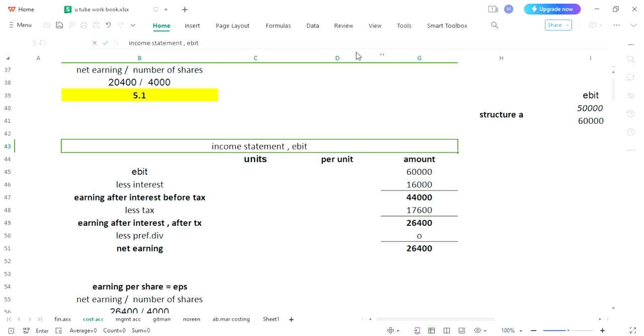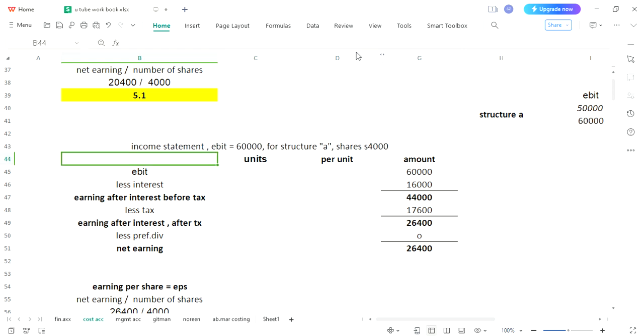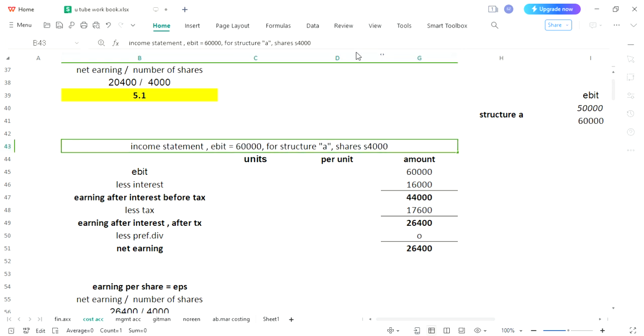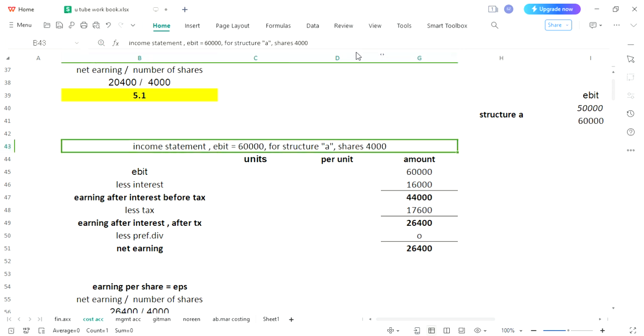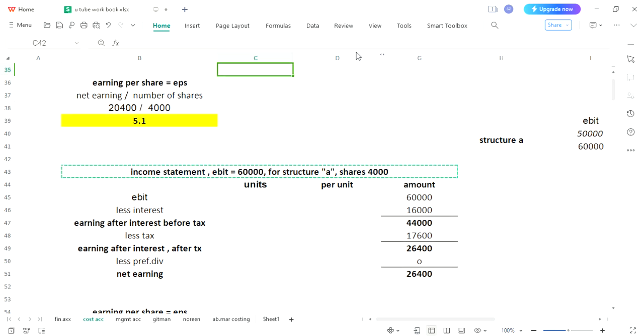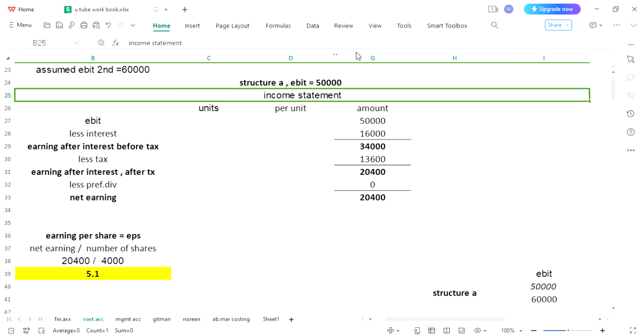EBIT was supposed 60,000 for structure A, and number of shares are 4,000. In this way, you will be able to understand what this income statement is about. And similarly, we will use it for the above statement as well.